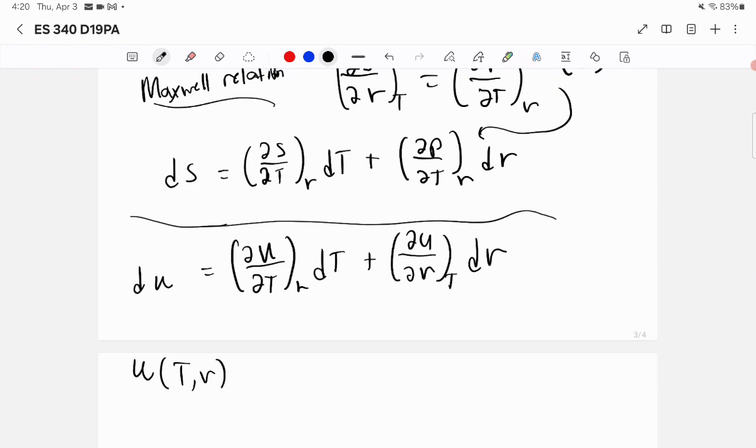where we make the assumption that everything depends only on two variables.